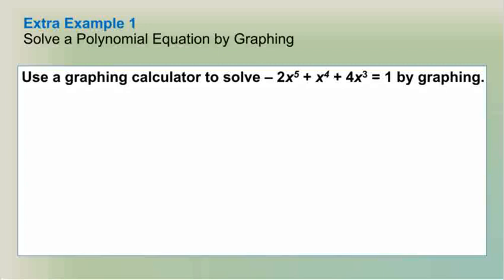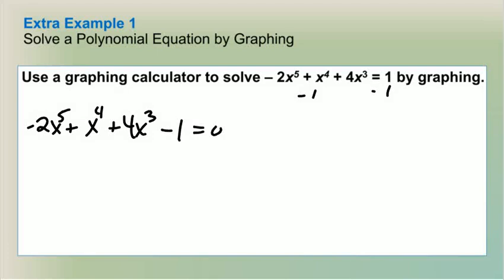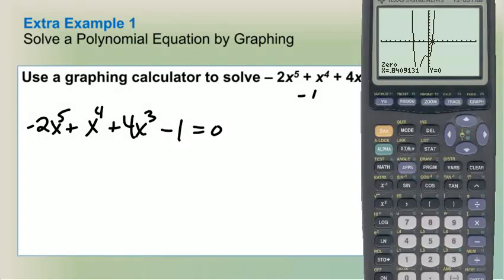Next, use the graphing calculator to solve this one. Again, I'm just going to make it equal to 0 by subtracting 1. So now I have -2x to the 5th plus x to the 4th plus 4x cubed minus 1 equaling 0. Grab our calculator again.